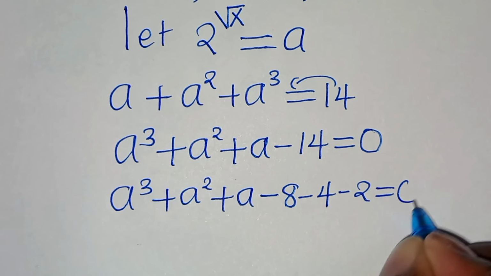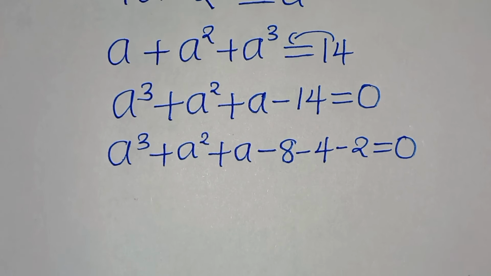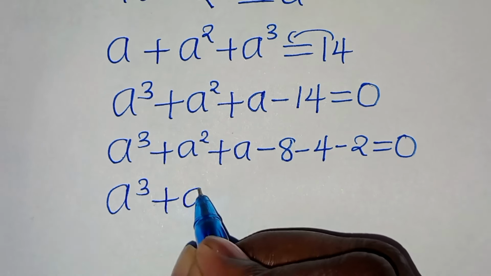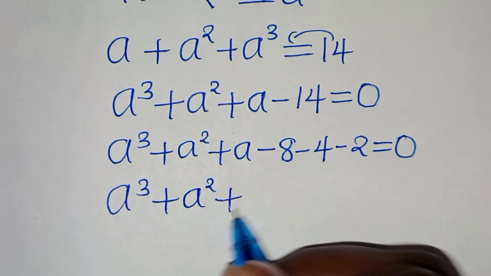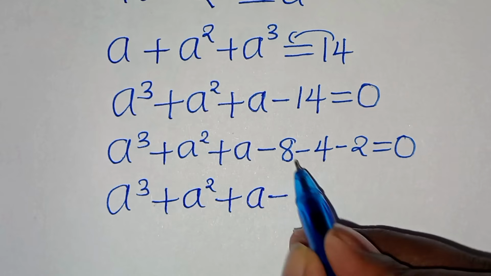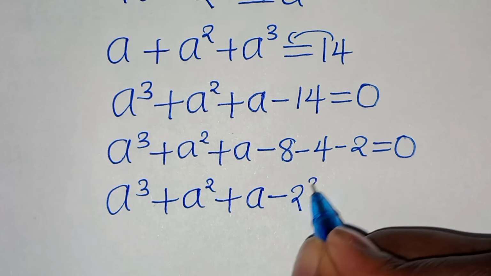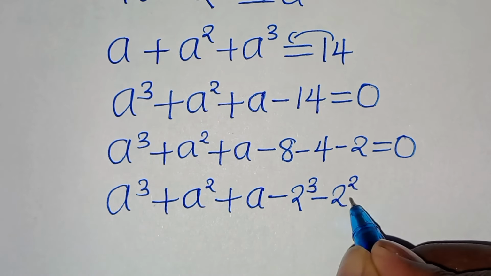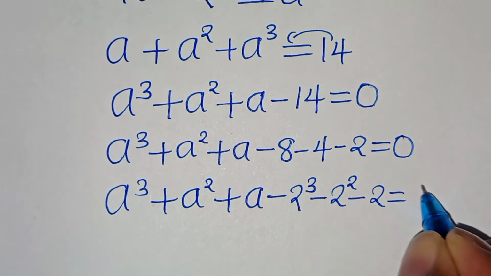This is equal to 0. So this is a to the power of 3 plus a to the power of 2, then plus a subtract 8, which is 2 to the power of 3, minus 4, which is 2 to the power of 2, then subtract 2. This is equal to 0.